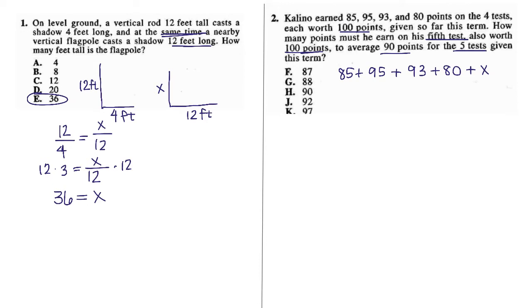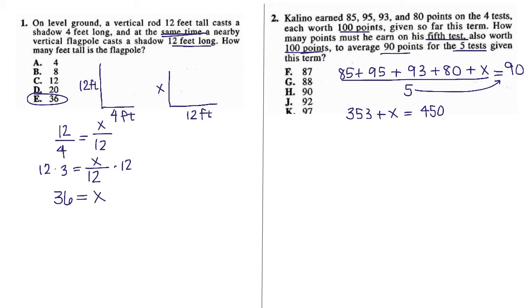In other words, after I add all these up and divide by how many I have, which is going to be 5, I want that average to be a 90. So we can do some algebra here. We will need to multiply 5 over. If we add up all of our test scores, that should be 353, plus that missing test score is going to be equal to 450, because I would multiply this 5 over.